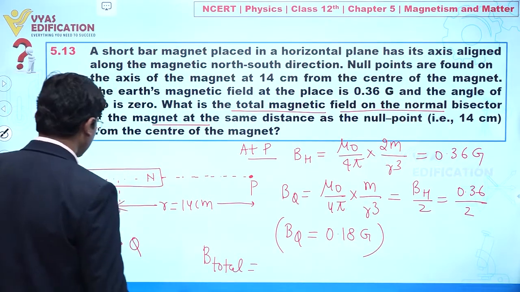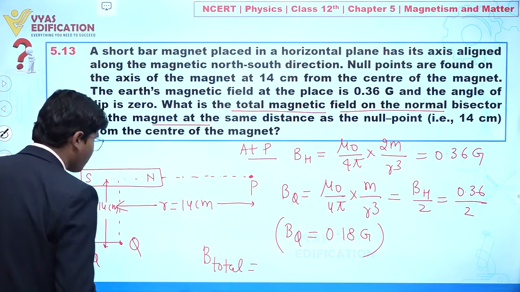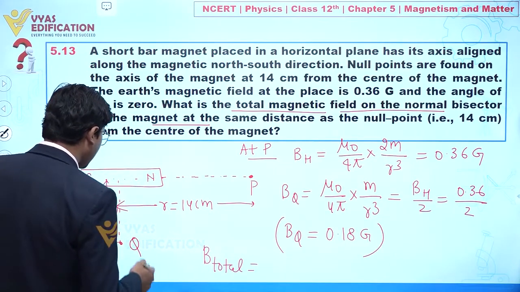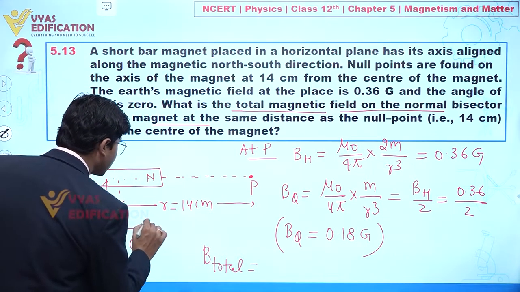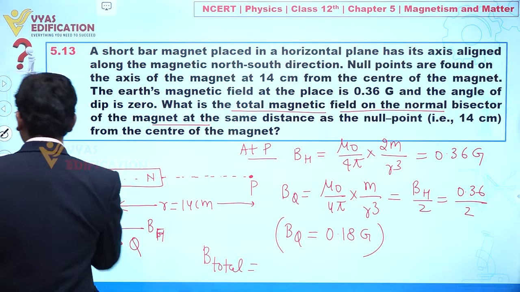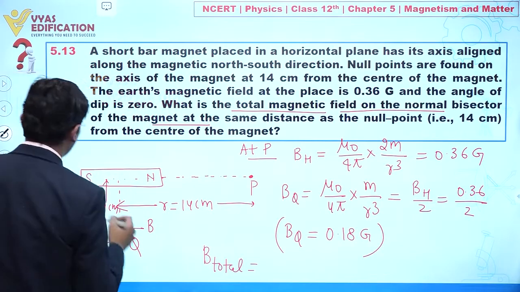So at this position we get the direction of BQ in this direction, and earth's magnetic field is also in this direction. This is the horizontal component of earth.